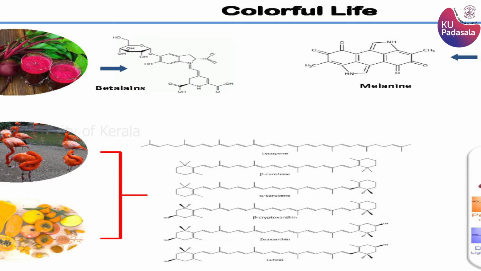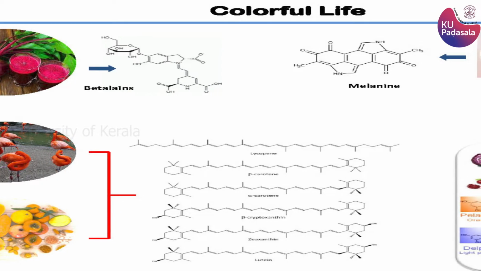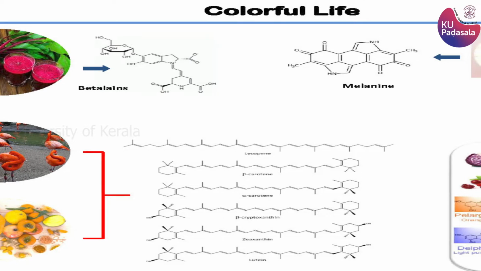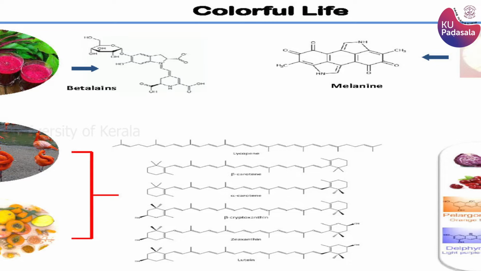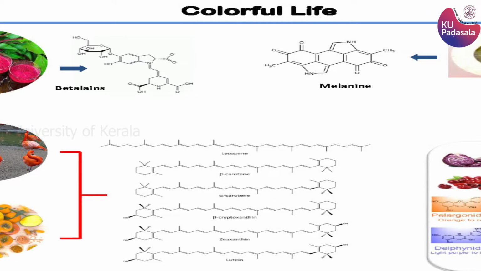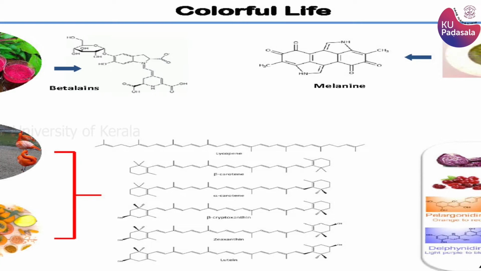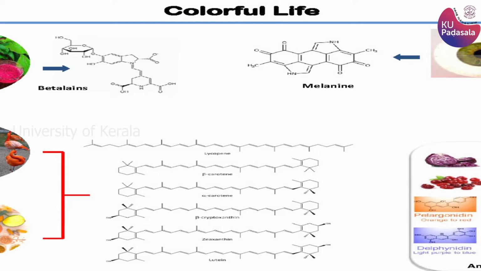And of course, all these different colors come from different organic compounds. For example, in the case of beetroot, it is betalains, and for flamingos and carrots and other vegetables, it comes from different beta carotene derivatives.